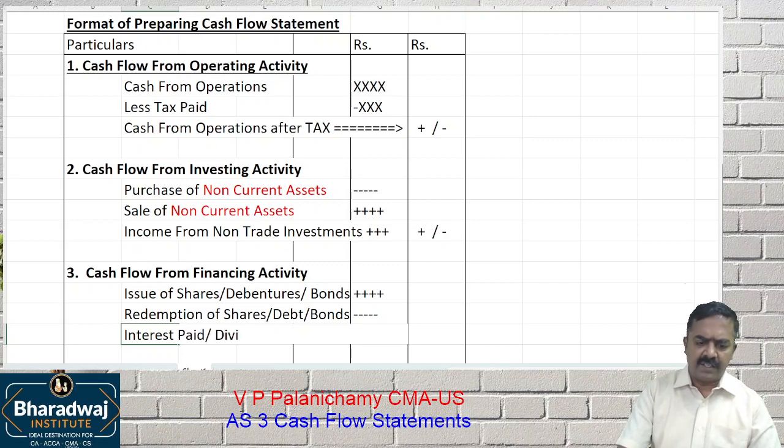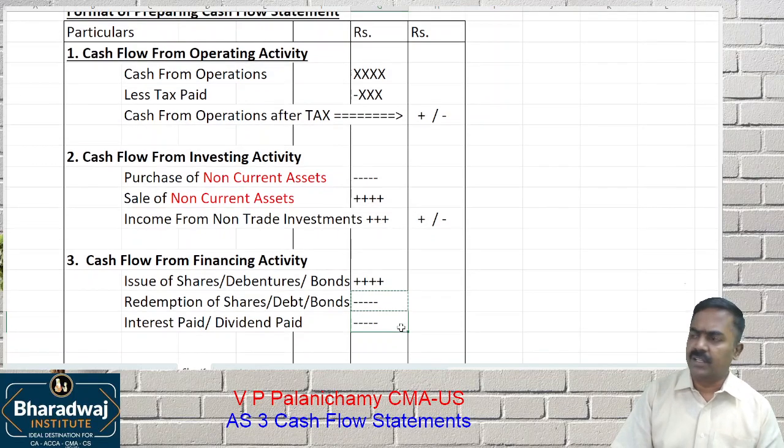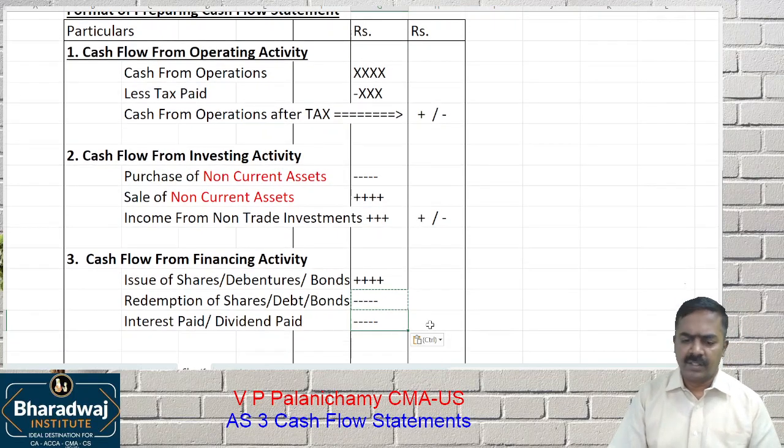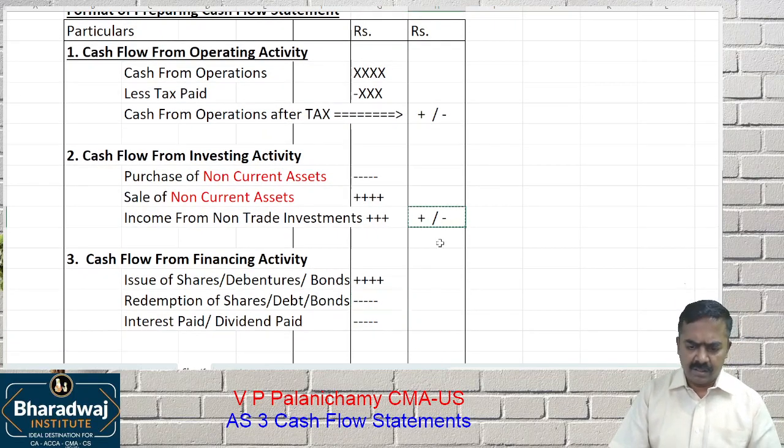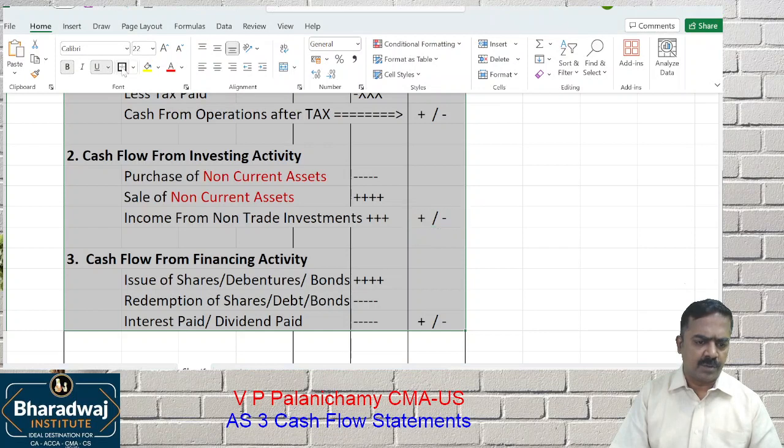Interest paid, dividend paid will cause outflow. Interest is paid to the finance providers. Dividend is paid to the shareholders. They are also a kind of finance providers. So net amount can be a positive amount or a negative amount. So like this, we are going to classify and prepare the cash flow statement.